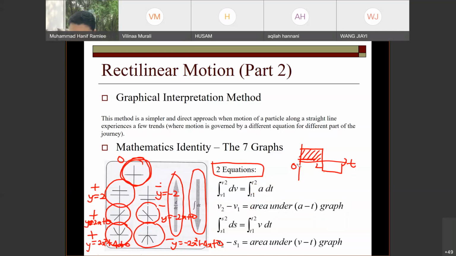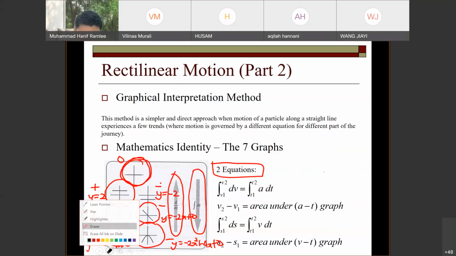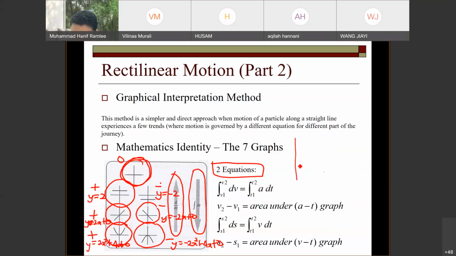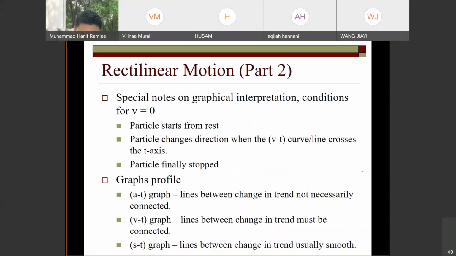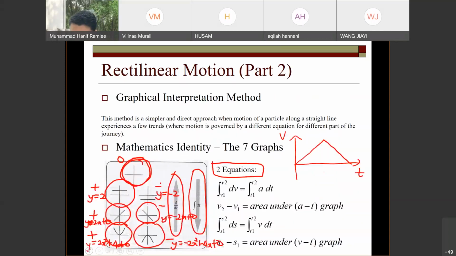Let's say the graph is a VT graph, like this one, for example, with 0, 1, 2.